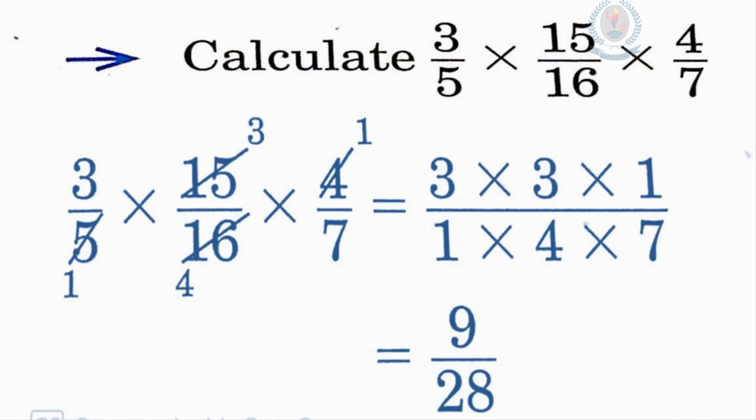Please keep that in mind. Always simplify in a cross manner, not horizontally. So after getting the products, I have written it in order: 3 multiplied by 3 multiplied by 1, these are the products, divided by 1 multiplied by 4 multiplied by 7. So the answer is 9 over 28.